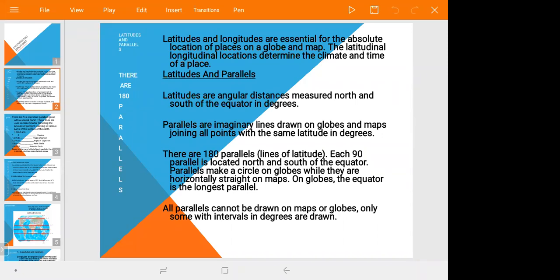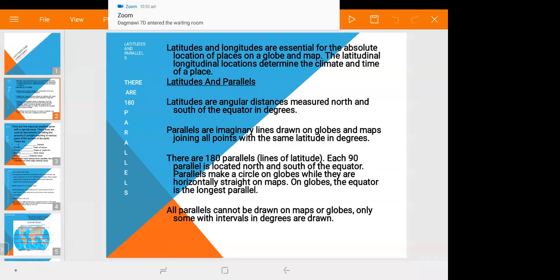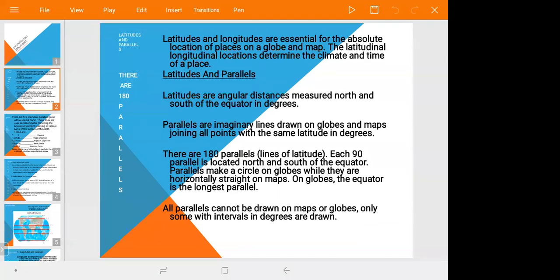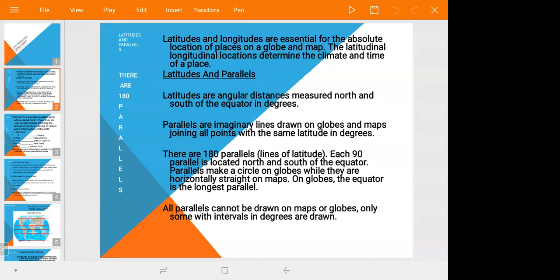Without latitudes and longitudes, we cannot use the globe or map. A professional globe or map has latitudes and longitudes, and with them we can know the absolute location and also determine the climate type.